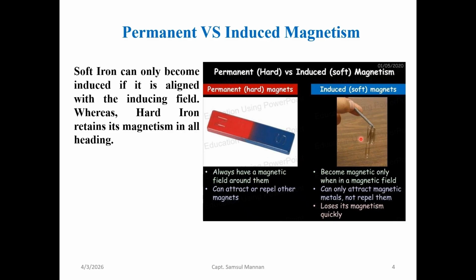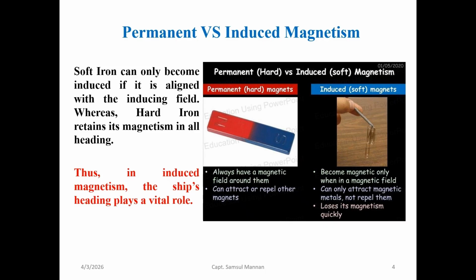So the magnetic material which is induced by a magnet, we call soft iron, right? And soft iron can only become induced if it is aligned with the inducing field, whereas hard iron retains all the magnetic properties and magnetism in all headings.